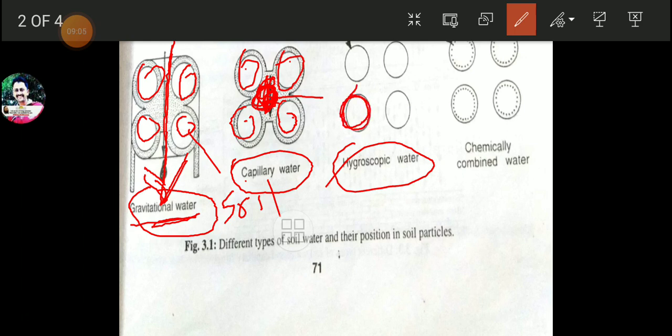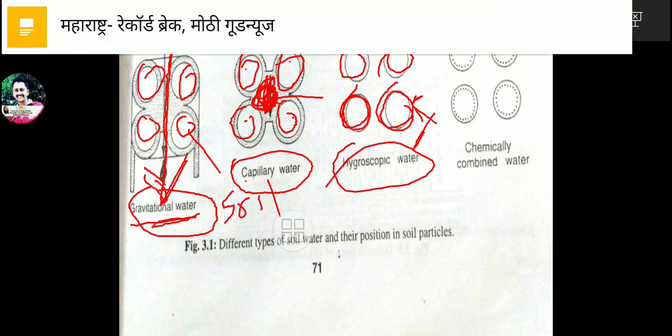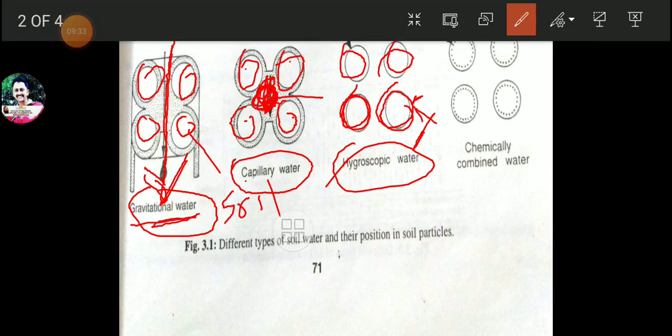Around that soil particle we can find such a type of water. Whenever water is present around the soil particle in the form of a thin vapor layer, then such a type of water is known as hygroscopic water. So the third type we have understood with the help of these sketches, figures, isn't it?